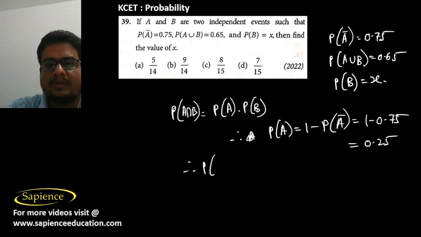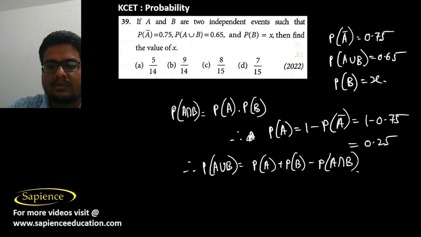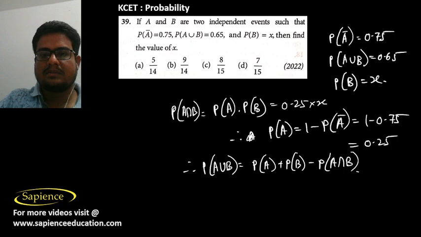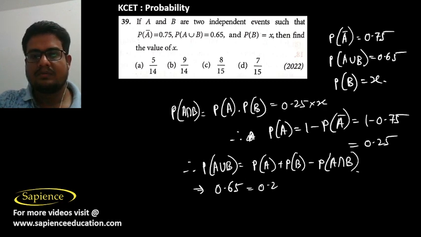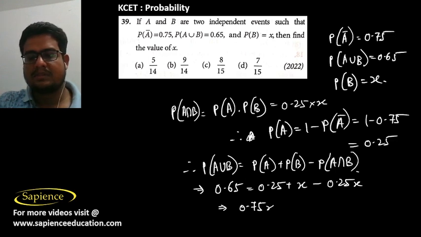And P of A union B is equal to P of A plus P of B minus P of A intersection B, where P of A intersection B will be equal to P of A, that is 0.25, into X. So therefore 0.65 is equal to P of A, which is 0.25, plus P of B, that is X, minus 0.25 into X. So therefore we can say that 1 minus 0.25, that is 0.75X, is equal to 0.65 minus 0.25.